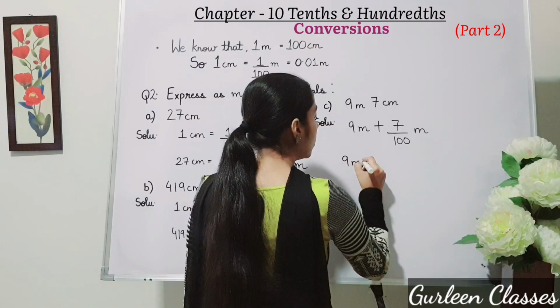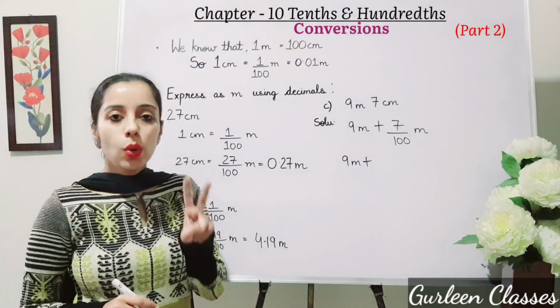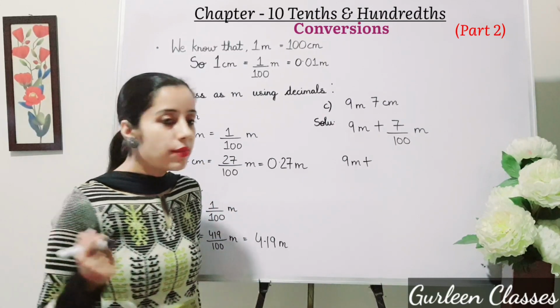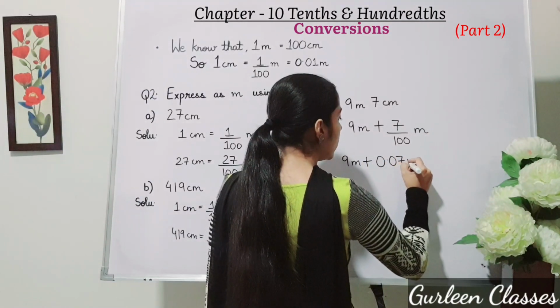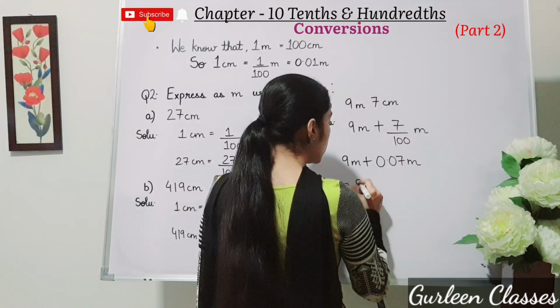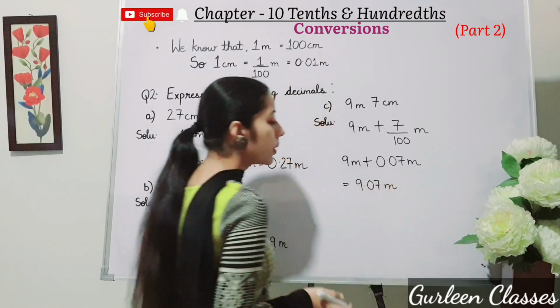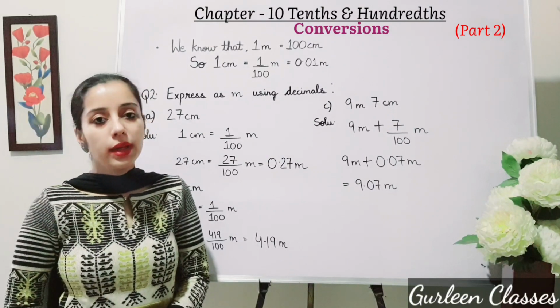After the decimal there should be 2 digits, so we'll place a 0, that is 0.07. So here we'll write 0.07 meter. So the answer is 9.07 meter. I hope students now you are able to convert centimeter into meter.